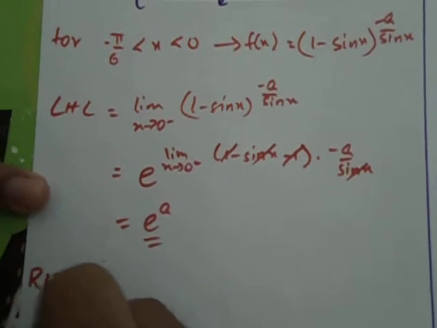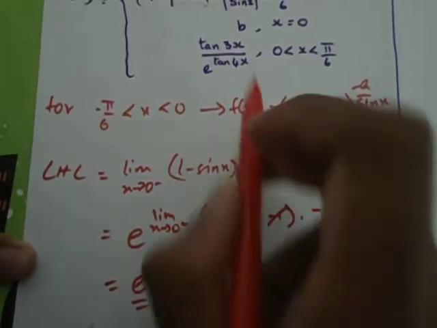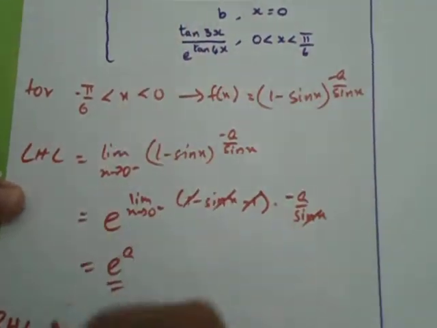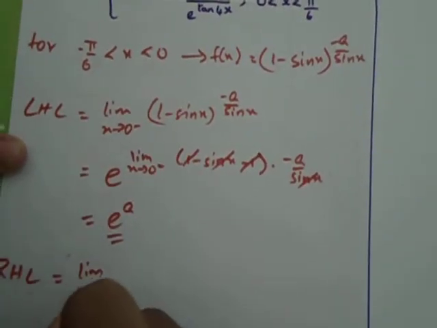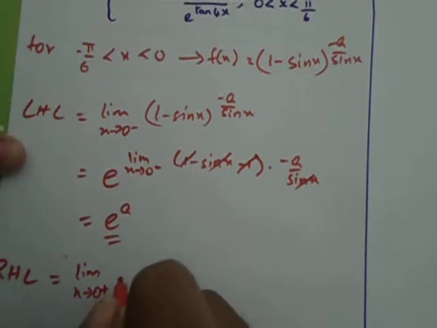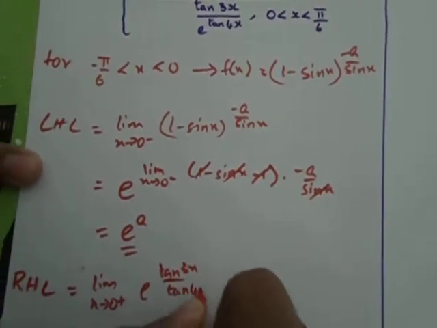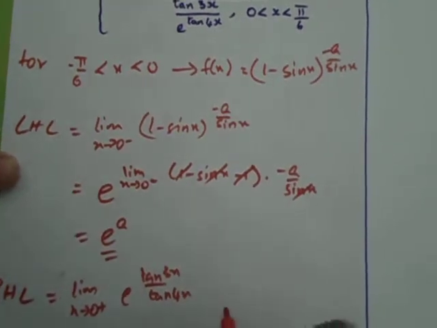RHL, in RHL we see that it's e power tan 3x by tan 4x. So limit x tends to 0 plus e power tan 3x by tan 4x. Here let's multiply and divide by 3x and 4x.